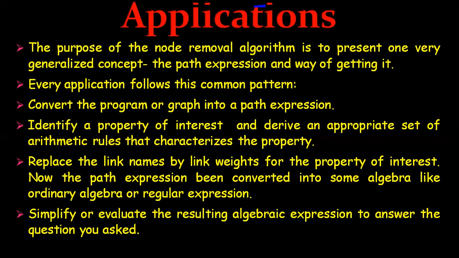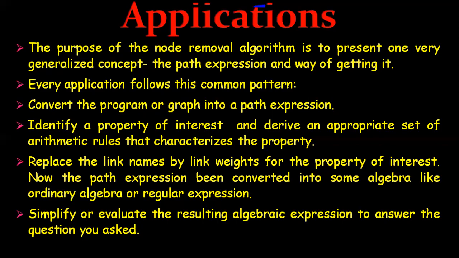In our previous video, we already saw how to convert a program graph into path expressions. If you did not watch it, please go through it; I will provide the link in the description box. Now let us see how we can recognize the property of interest and organize an appropriate set of arithmetic rules that describe the properties.